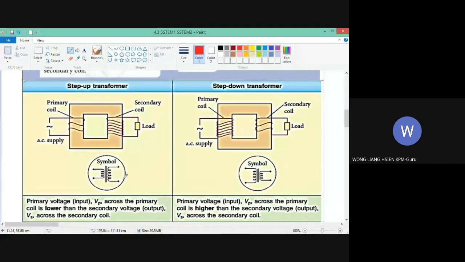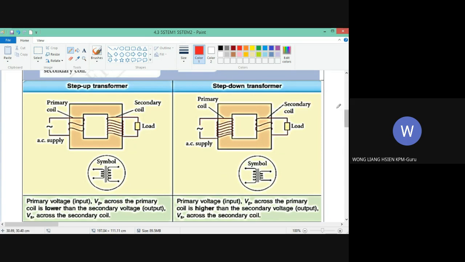Next we want to look at the electronic symbol of the transformer. If you look at the symbols for a step up transformer and a step down transformer, they are actually the same symbol. You only flip it left and right.